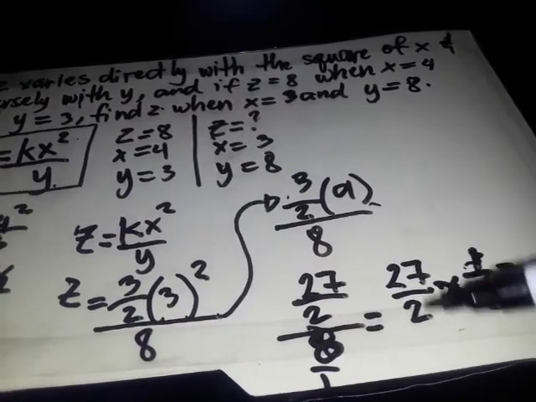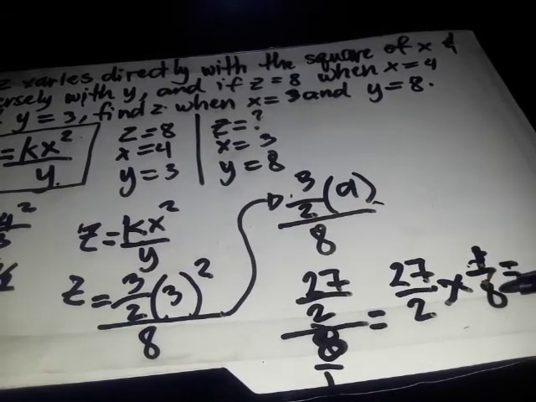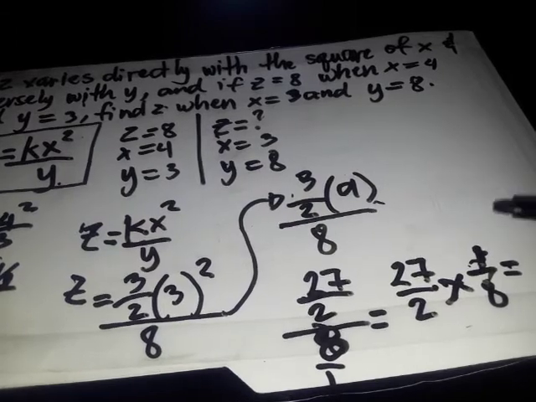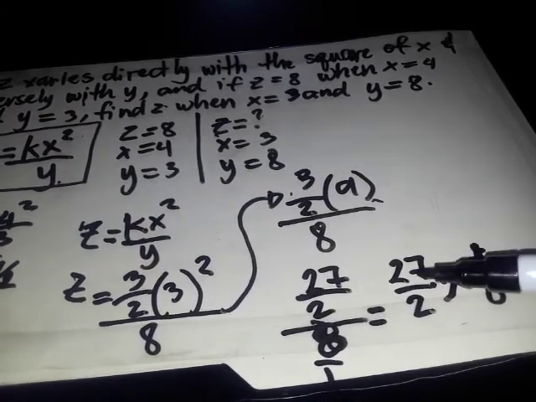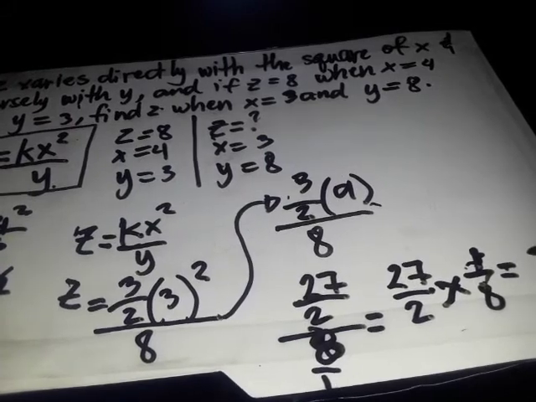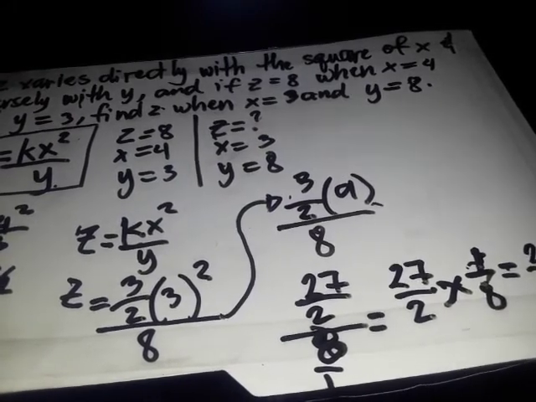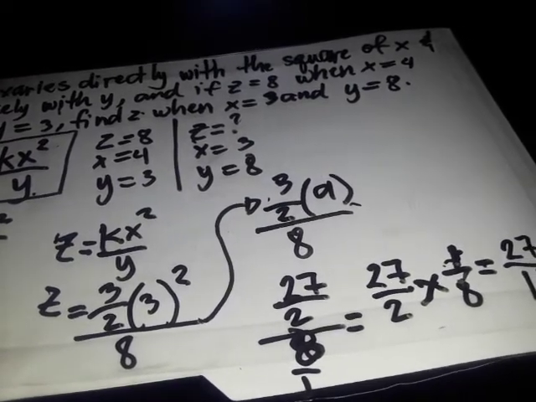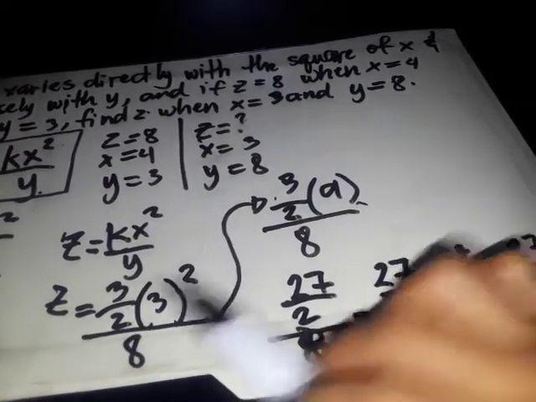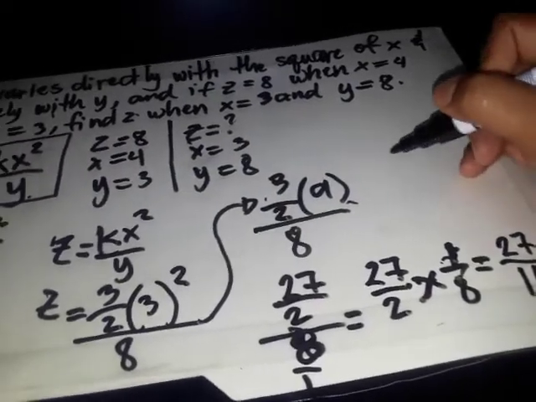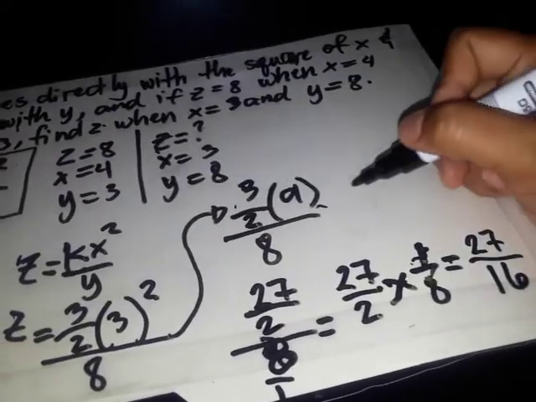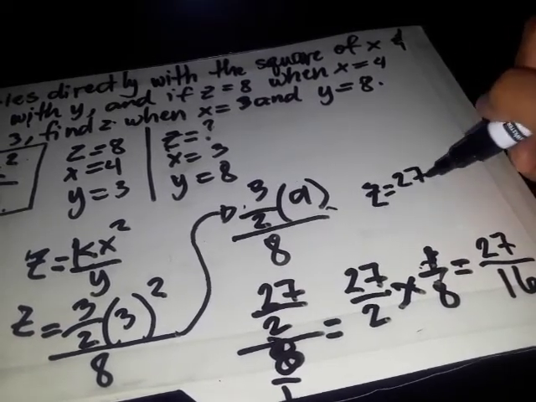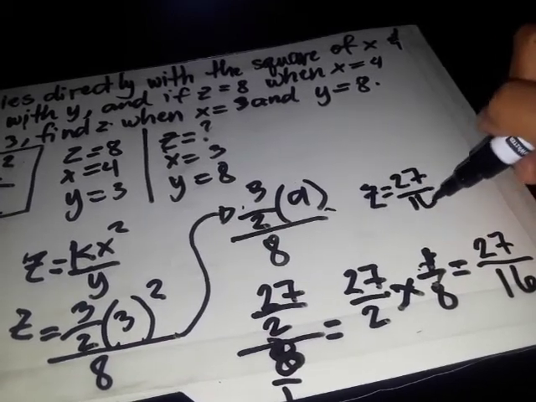Dito, hindi tayo pwedeng mag-cancel kasi wala silang common factor. So, ngayon, imumultiply lang natin numerator to numerator. So, 27 times 1 is equal to 27 over 8 times 2 is equal to 16. So, eto na ang ating Z. So, ang value ng Z natin ay, okay, dito na lang ha. So, Z is equal to 27 over 16.